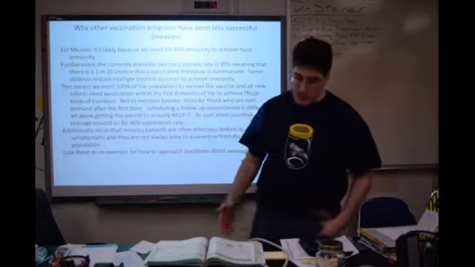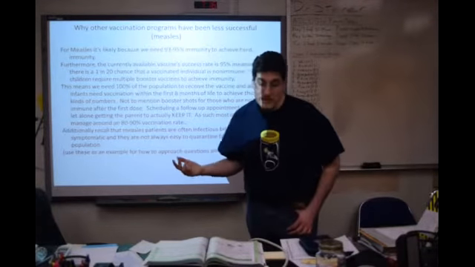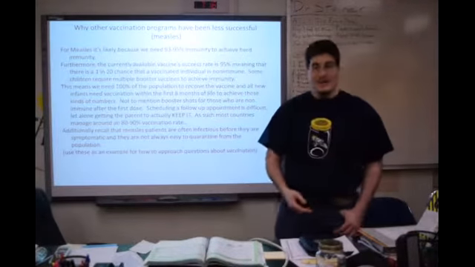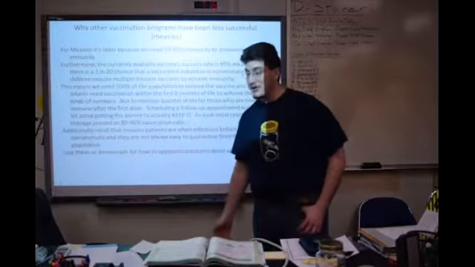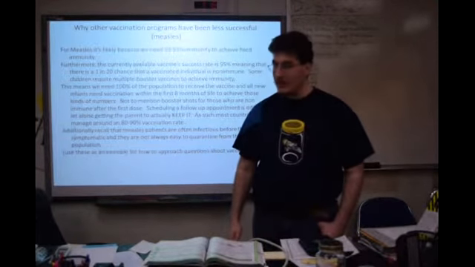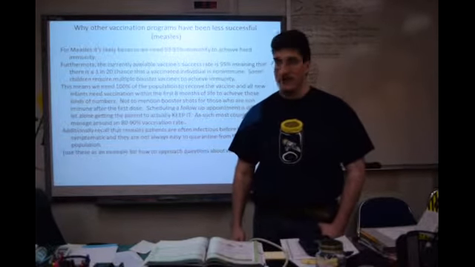Comparing other vaccination programs, like the vaccination program against tuberculosis to smallpox, is a bit harder, because the vaccination against tuberculosis is a terrible vaccine. It really works very poorly.